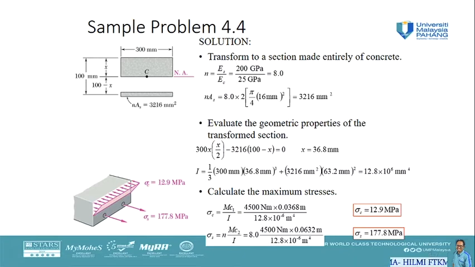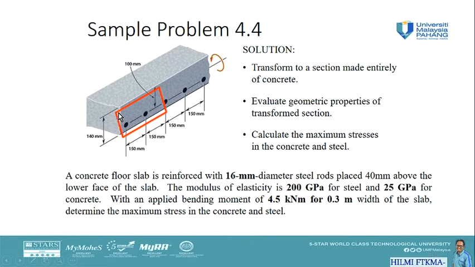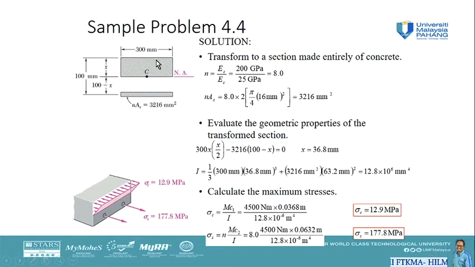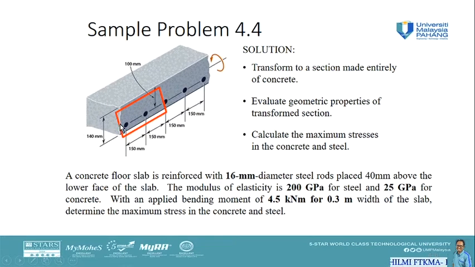Okay, so let's consider the portion is 0.3 meter. Consider 300 millimeter the breadth, and we have the distance from the upper slab face to the center line of the steel rod will be 100. So how did we get 100? We need to look carefully at the dimension given here.